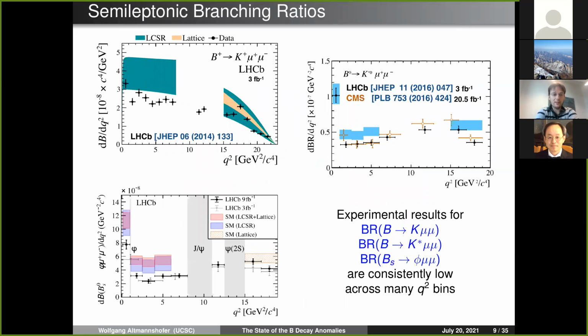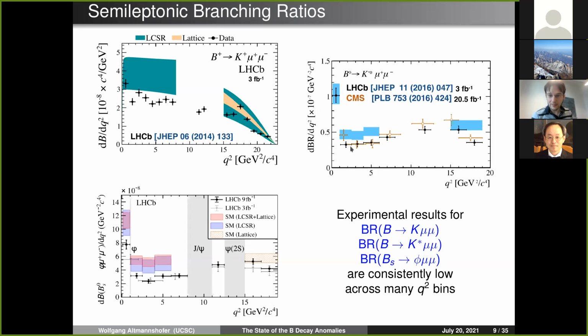If one now looks at the branching ratios of those semi-leptonic decays, one finds again that the experimental results are below standard model predictions. What is shown in these 3 plots are the differential branching ratios as a function of q squared. q squared is the invariant mass squared of the 2 muons. And these various colored bands are the standard model predictions, and then the various crosses are the experimental results.